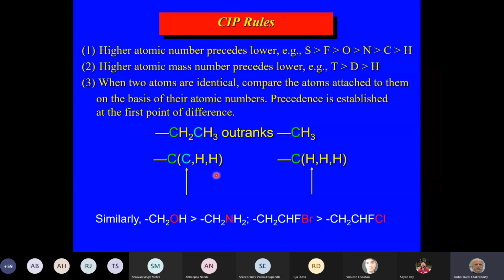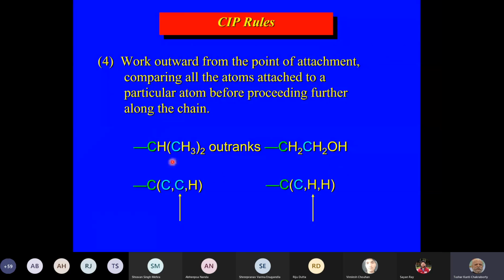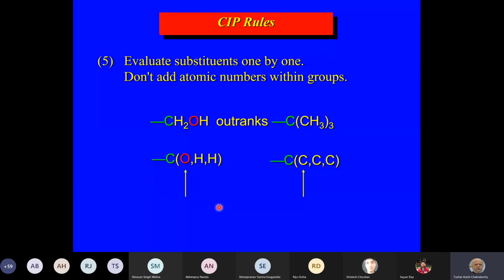This is another similar rule. The first one itself we are able to decide which one has a higher priority. And then again, within a substituent, you have oxygen, hydrogen, hydrogen. This one has CCC, but this one, on the left hand side, gets priority.